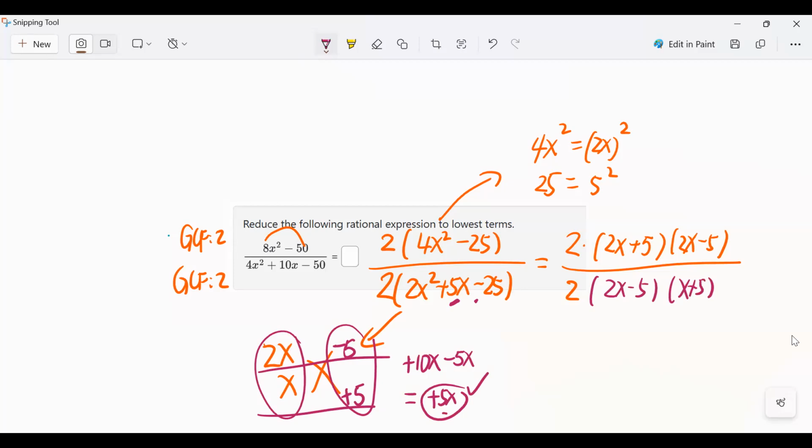Now from here, we cancel the common factor. Cancel the 2, and end up with 2x plus 5 over x plus 5. Any question about this?